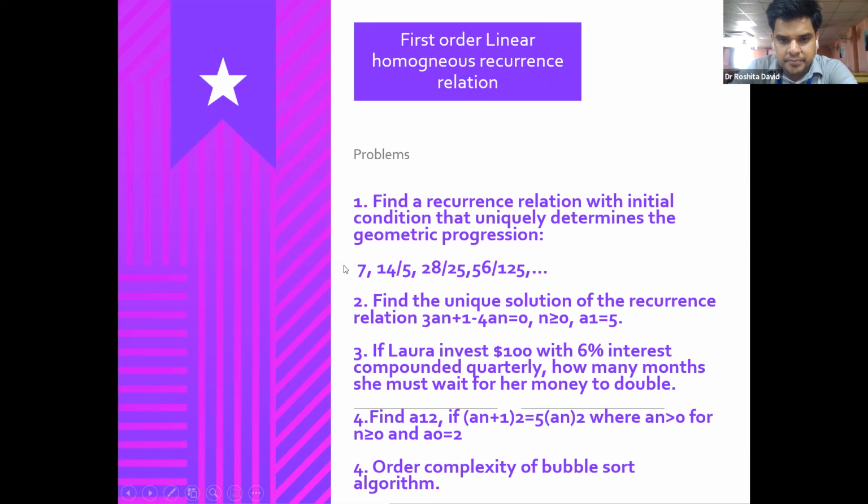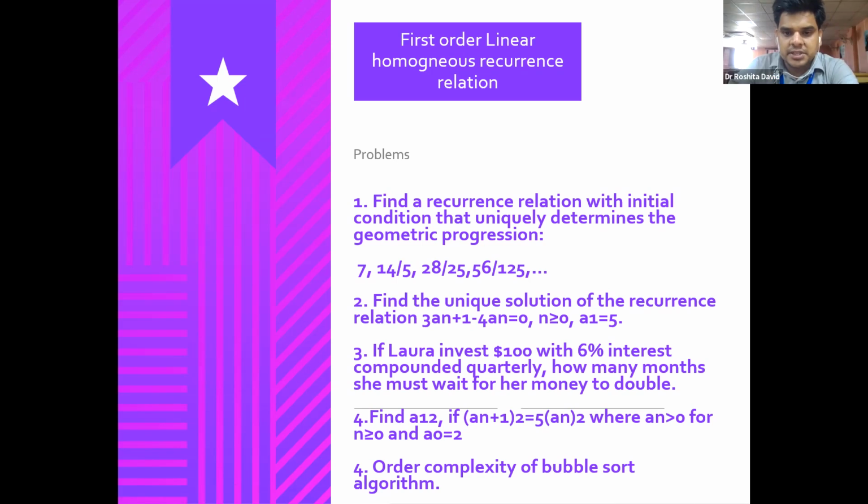Yes. So first we find out they are asking about the recurrence relation. What's going to be the recurrence relation? It's a GP series, right? What about the common ratio? If we multiply 7 by 2 by 5, I get 14 by 5. Then times 2 by 5, I get 28 by 25, and so on.